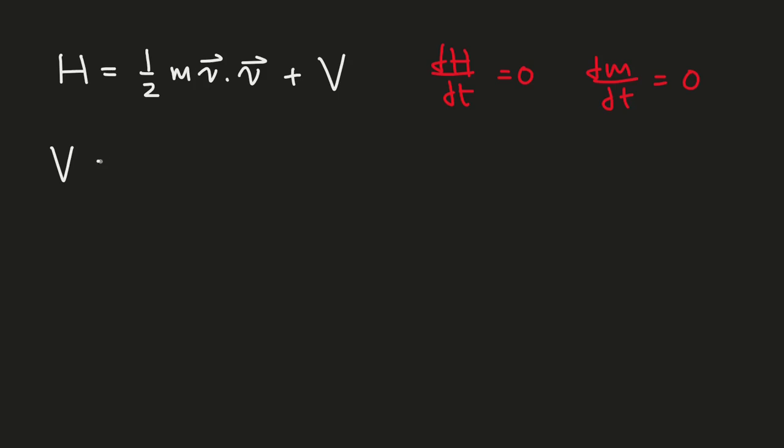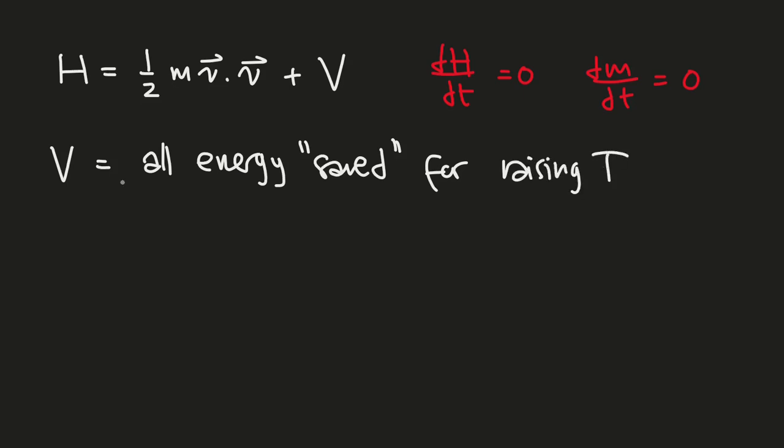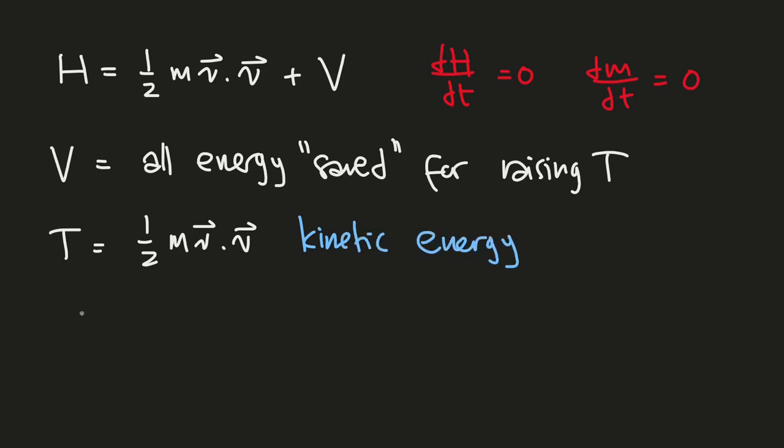In H capital, V capital equals all energy saved for raising T, where T is just as before, kinetic energy, and this result leads us to the first law of thermodynamics.